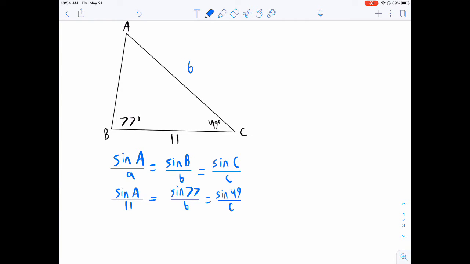So we can start first by solving for the angle A. Because we have the measurements of angles B and C, all we have to do is add 77 and 49 together. And then when we add those together, we get 126.